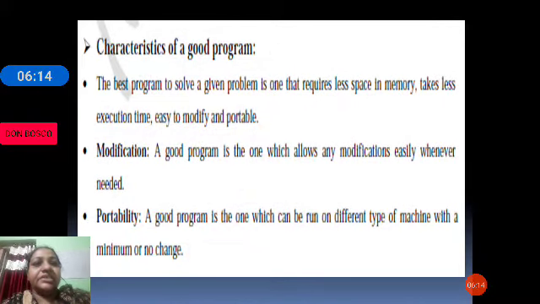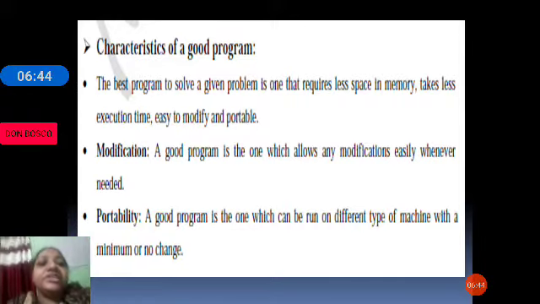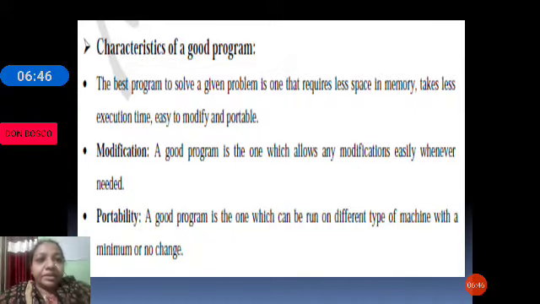Let's study the characteristics of a good program. The best program to solve a given problem is which requires less space. A program, we can say it is best when it uses less space, and also it takes less time for the execution, and it should be easy to debug and maintain or modify.